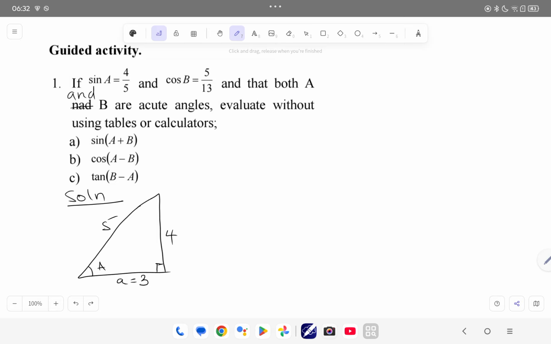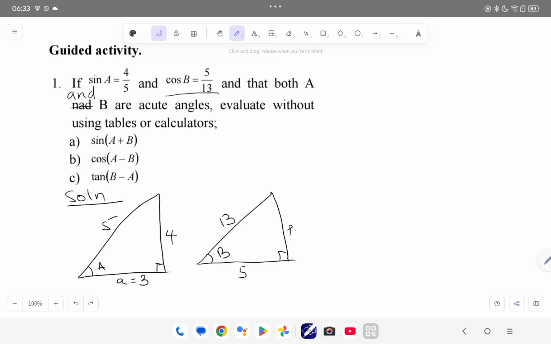What about if we get the one for B? The one for B is cos B, and cos B is 5 out of 13. So it is adjacent out of hypotenuse, so we shall need to find the opposite side. We call it small p. Still using the same approach, p squared plus 5 squared is equal to 13 squared.